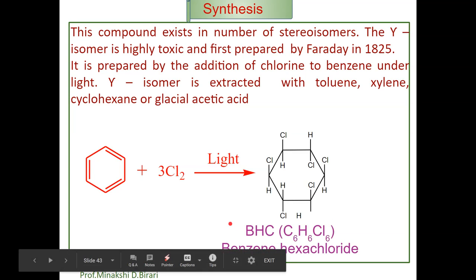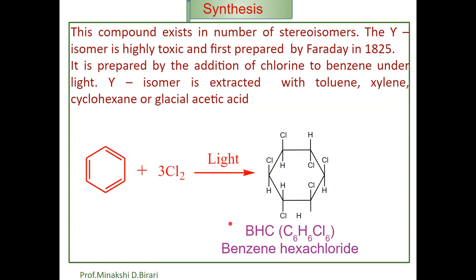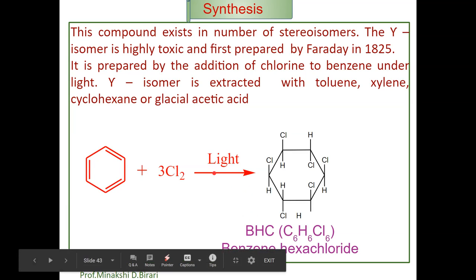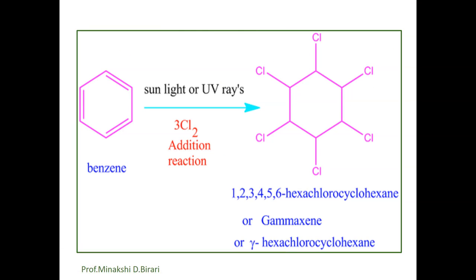It was synthesized in 1825 by Faraday, but its insecticidal property was investigated in 1941. It is prepared by chlorinating benzene between 5 degrees Celsius and 60 degrees Celsius in the presence of light. So this is the synthesis of benzene hexachloride. Benzene reacts with 3 chlorine molecules in the presence of sunlight or ultraviolet rays. This is an addition reaction.